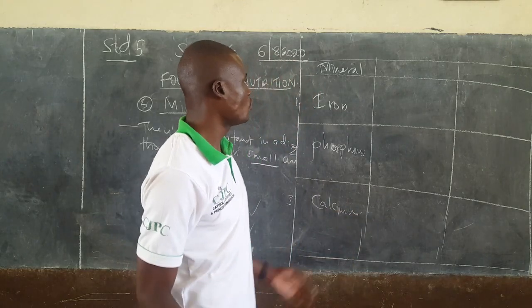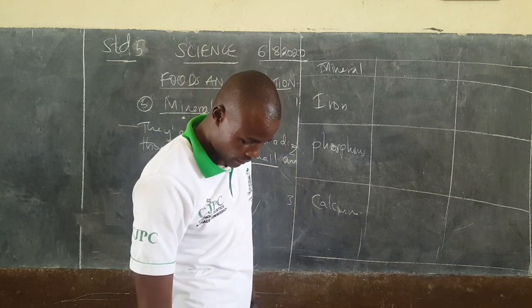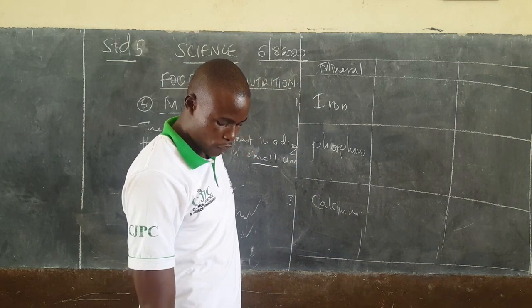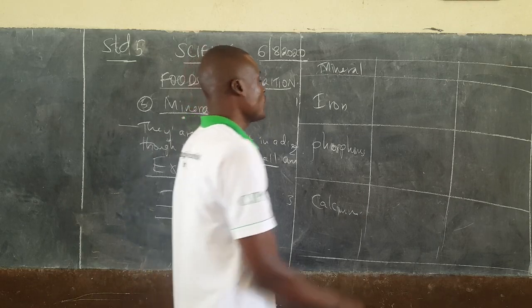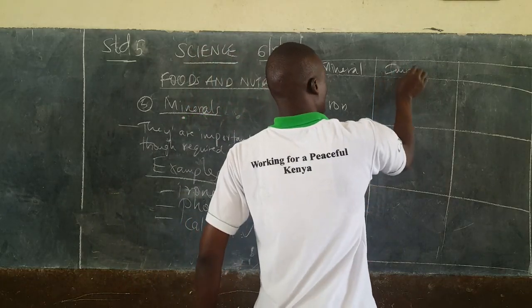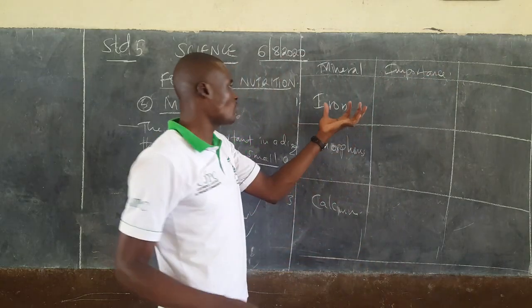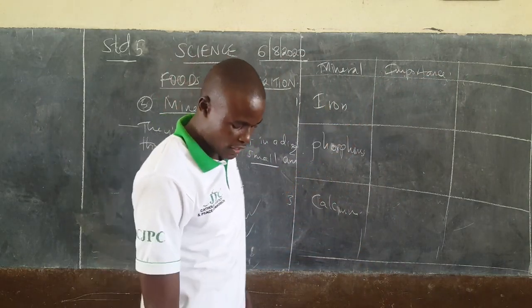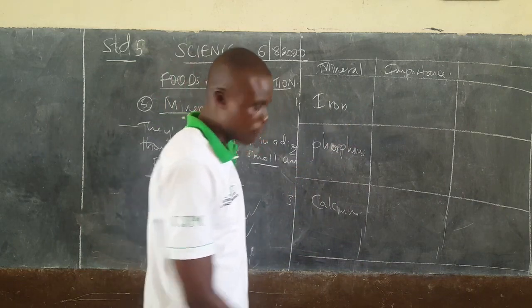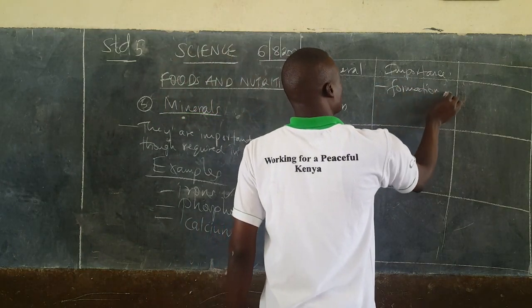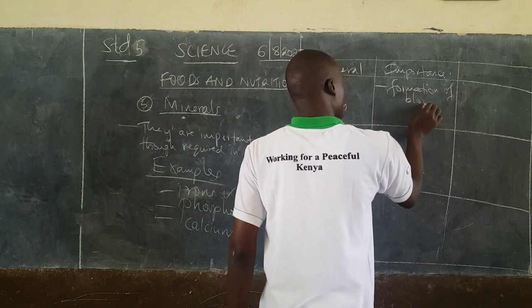After that, learner, we need to know something about it. Number 1, it is a mineral that is important in the body for the formation of blood. So we have the importance of iron in the body. The first one is formation of blood.